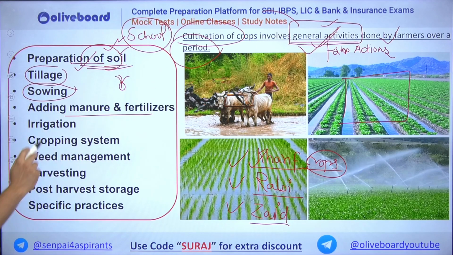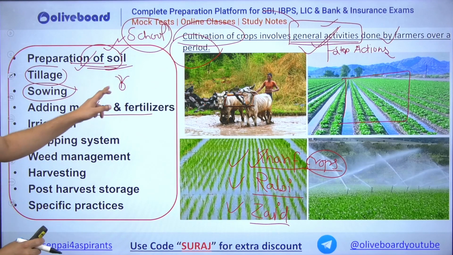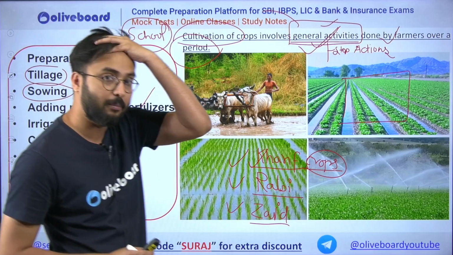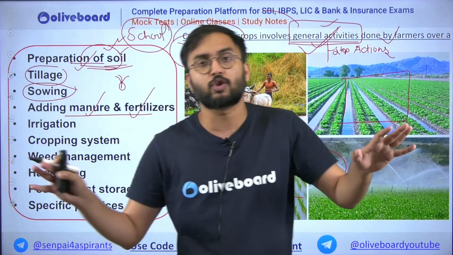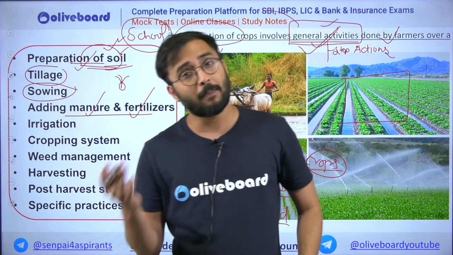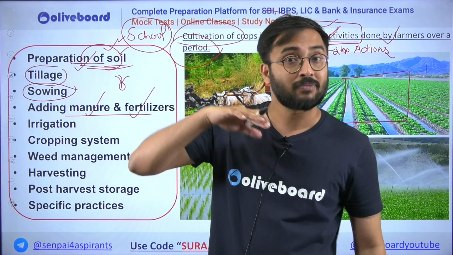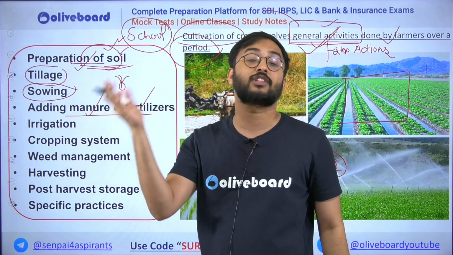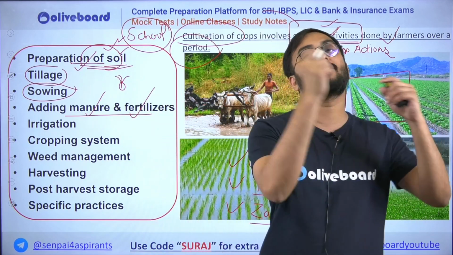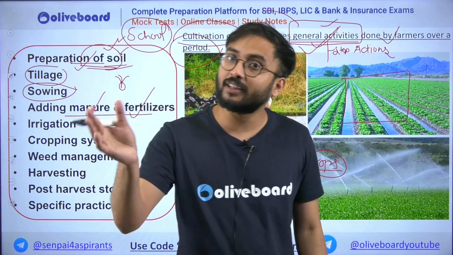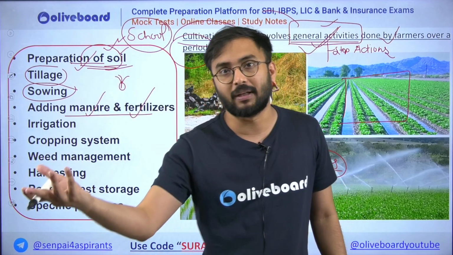Adding manure and fertilizer. Of course, these are supplements. During childhood, maybe some of the parents or teachers said to you that if your height is not growing, please drink Complan with the milk. If you are not smart enough, you can drink Bonvita with the milk, right?